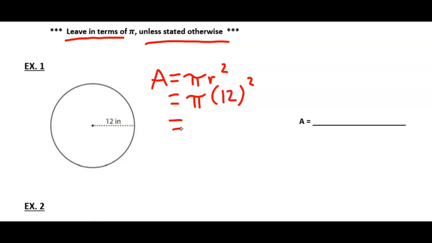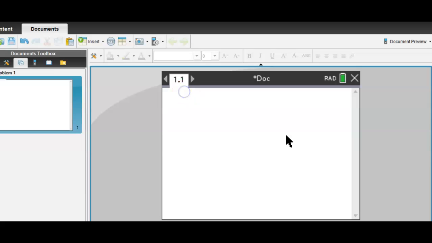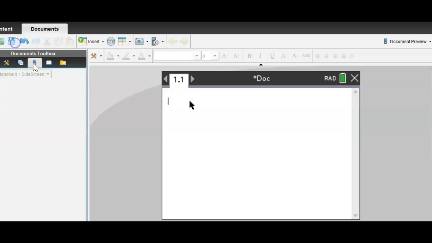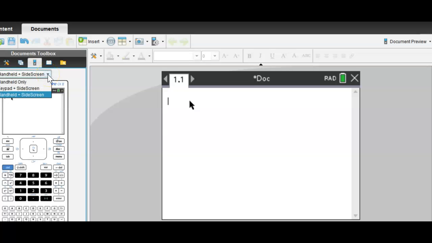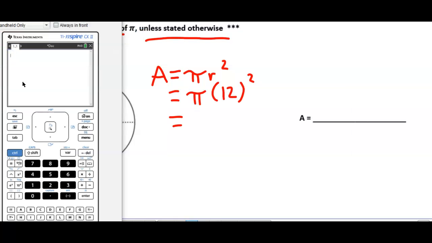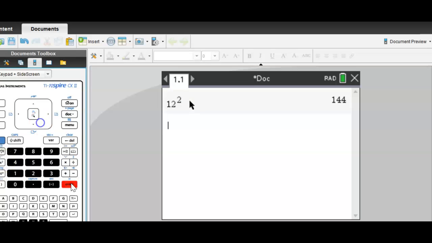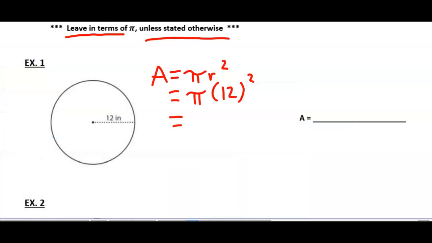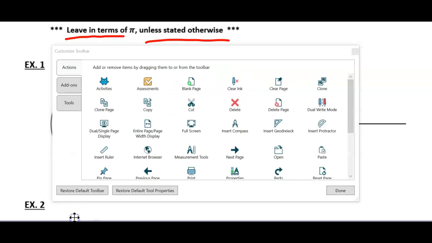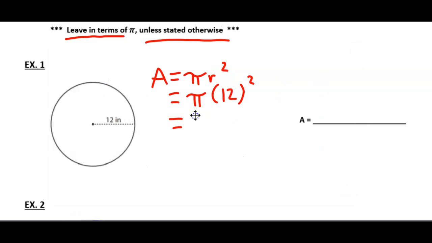I type that in my calculator, 12 squared, and we get 144. So 144, and then we write the pi. So 144 pi, and my units of measure are inches, and this time it's going to be squared because we're talking about area.